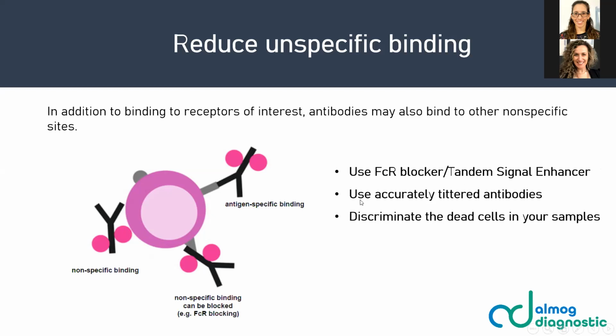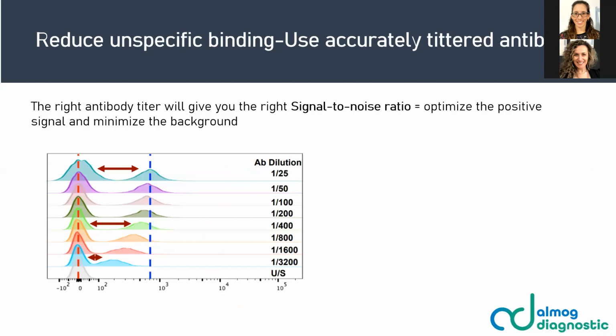It is very important to use accurately titered antibodies in order to eliminate any unspecific staining, any overstaining or understaining. And of course, again, discriminate the dead cells in your samples. There are many antibodies in the market that need to be titered before you use them for your flow experiment.